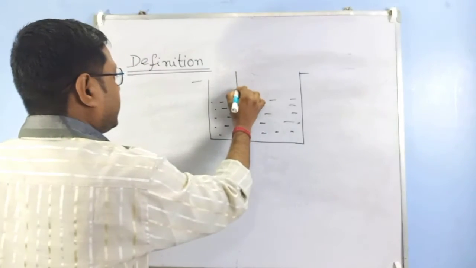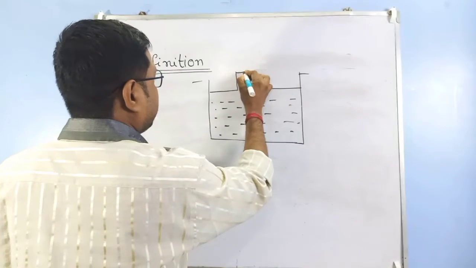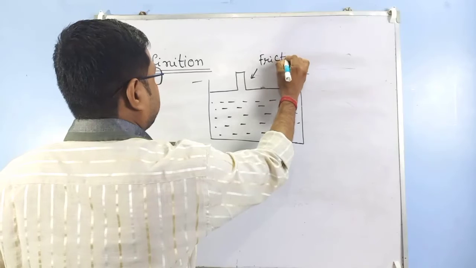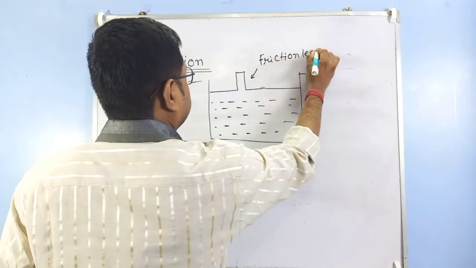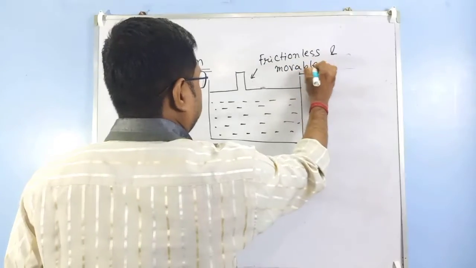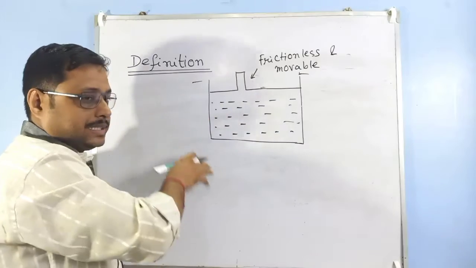Now, there is a piston which is frictionless and movable. This piston must be frictionless and movable. The piston is allowed to compress the gas.